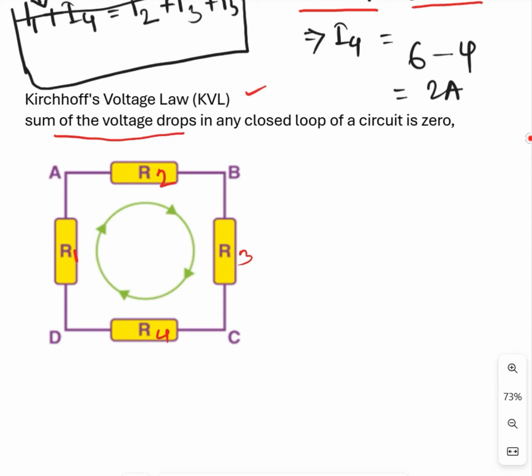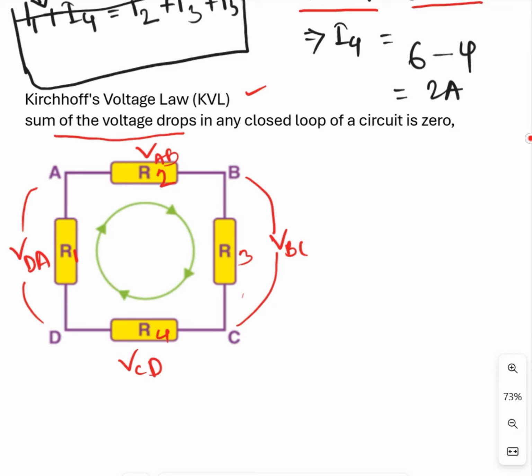And of course here the voltage VAB, here voltage BC, likewise voltage CD, and of course voltage DA here, right? So these are the voltage drops within the enclosed circuit.